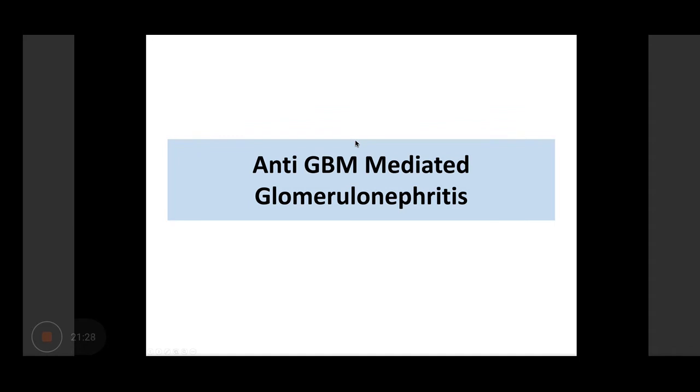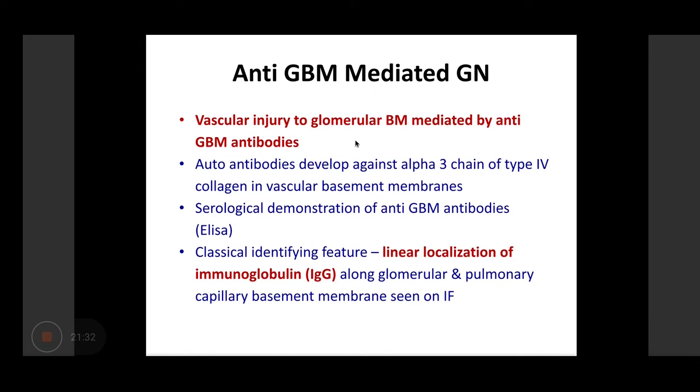The third type of crescentic glomerulonephritis is anti-GBM mediated glomerulonephritis. Here, this is again an autoimmune disease where antibodies are formed against the glomerular basement membrane. These autoantibodies develop against the alpha-3 chain of type IV collagen in the basement membranes.